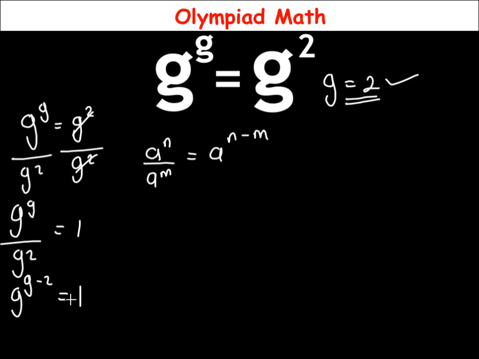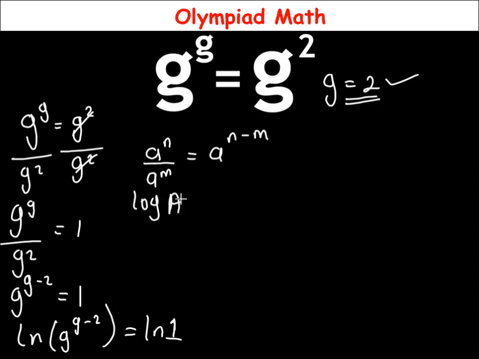Now at this junction, I'm going to introduce what is called the natural logarithm. So on both sides, ln of g to the power of g minus 2 is equal to ln 1. With this, I'm going to introduce one of the properties of logarithm: if you have log of a to the power of b, the power b comes down, then you have b times the logarithm of a.